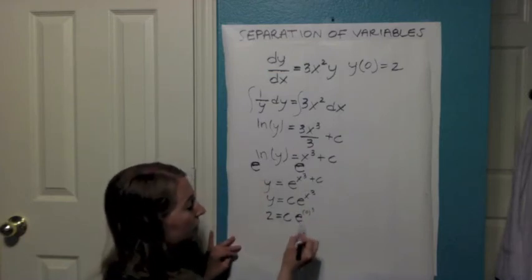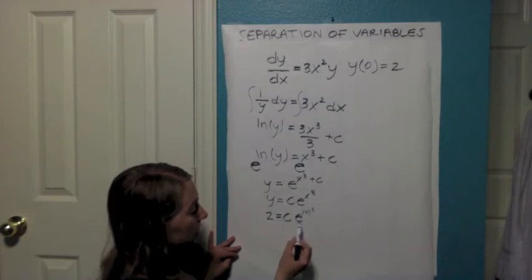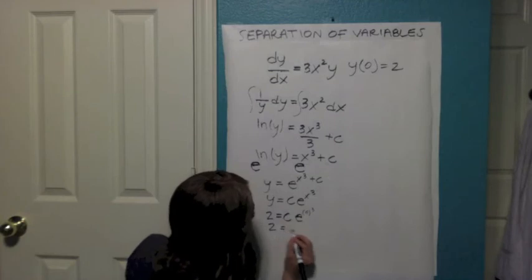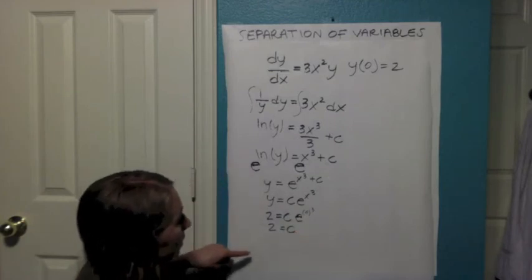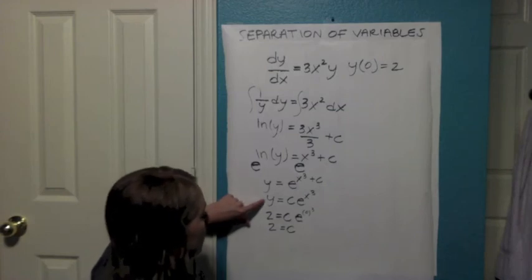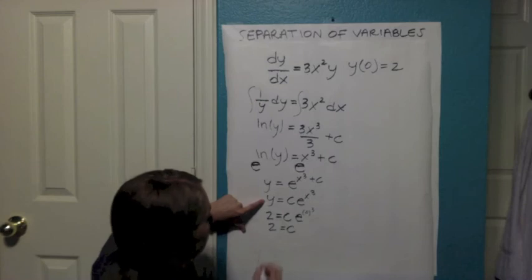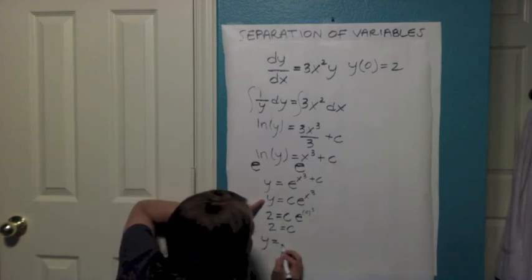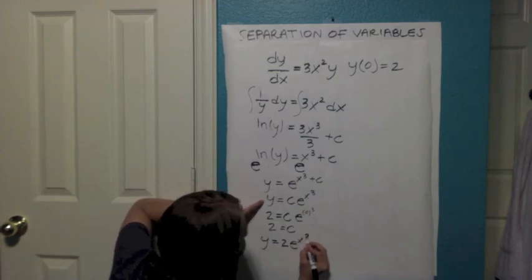And since we know that 0 power makes anything 1, we get 2 equals c. So now we go back to this and plug in 2 for our c value, and our final answer becomes y equals 2e to the x cubed.